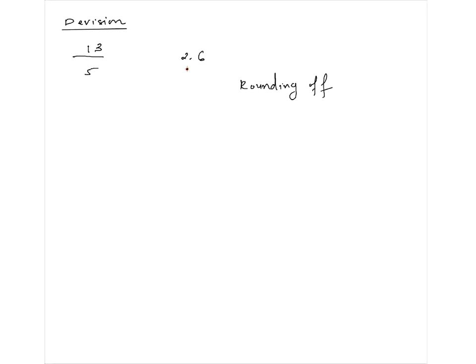If the number next is 6, here like this, then your answer would be 3. So 13 by 5 is 3. So after this, if you have more than 5, then you will increment it by 1 unit.